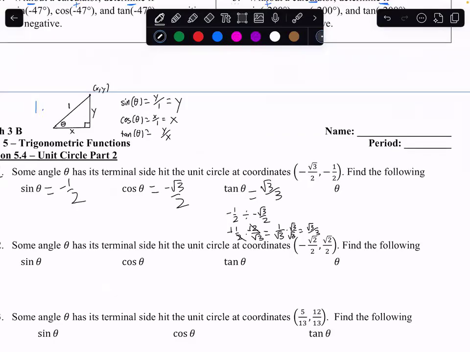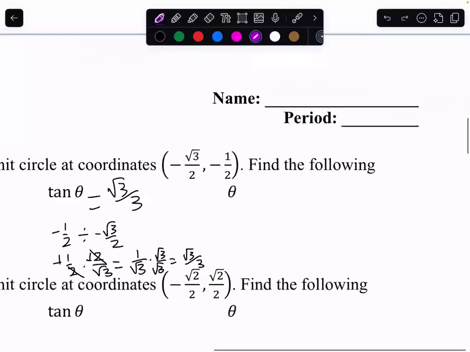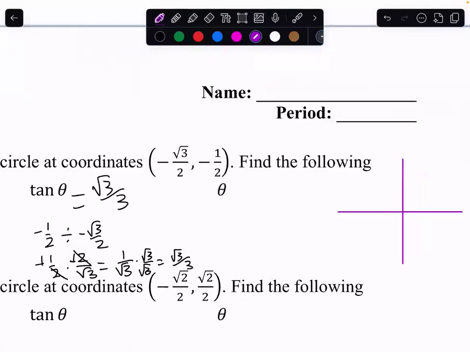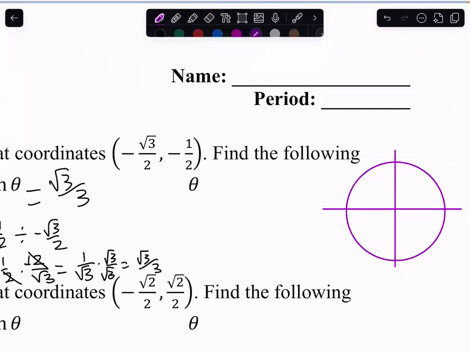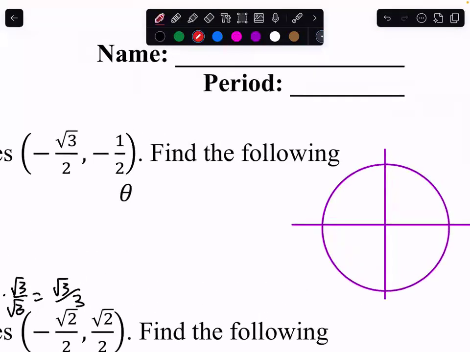Okay, and now this last part, find the angle theta that hits this point. Here it might help to draw a diagram. Of course, you could have drawn a diagram from the beginning. I'm just going to go ahead and draw in a circle. The point is negative radical 3 over 2 comma negative 1/2.